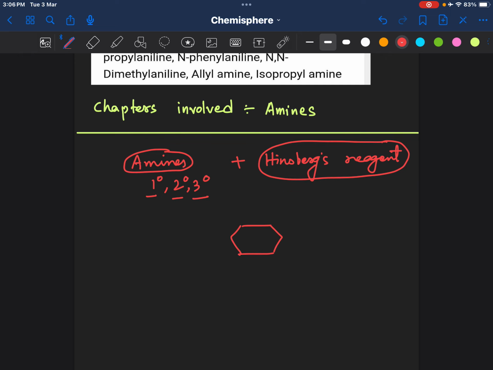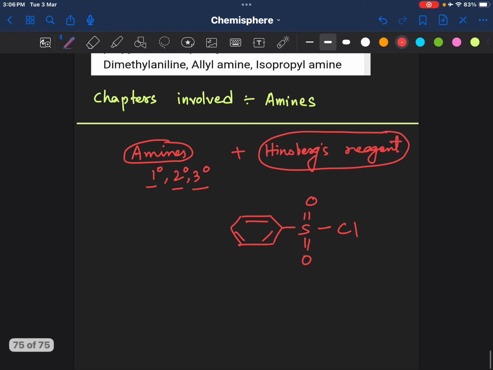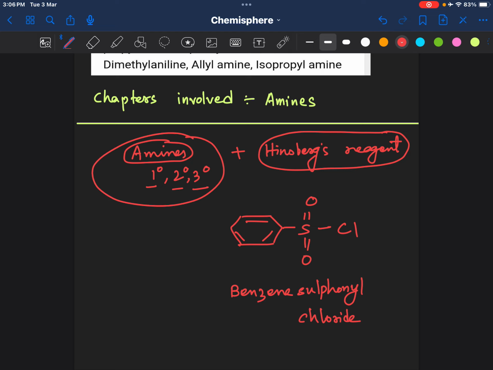I'm drawing the structure. This is our Hinsberg's reagent, and the other name is benzene sulphonyl chloride. All three types of amines react differently with benzene sulphonyl chloride.